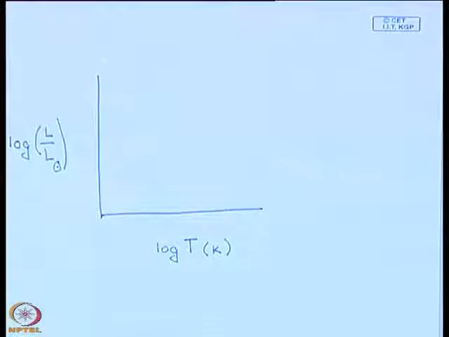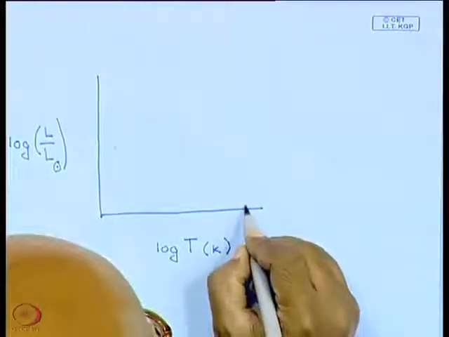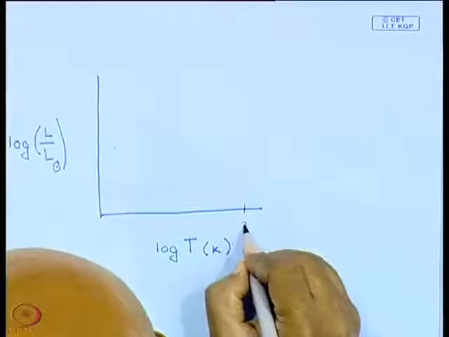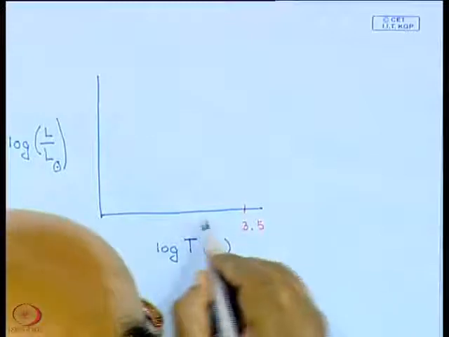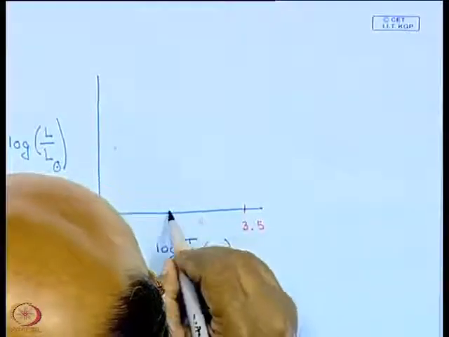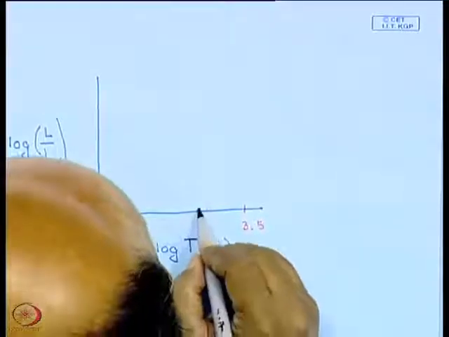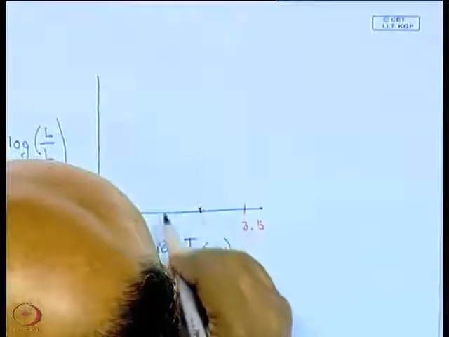Okay, and let me put the axis. So we will start from 3.5 and we will go up to 5. So 3.5, 4, 4.5, 5.